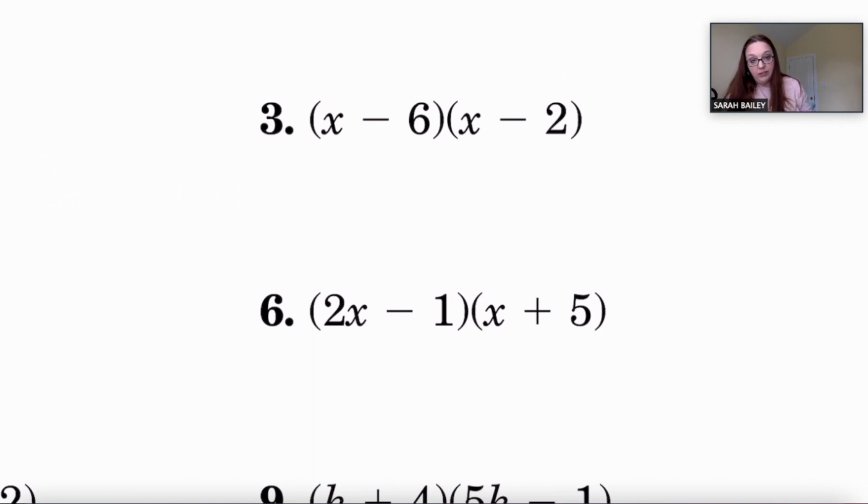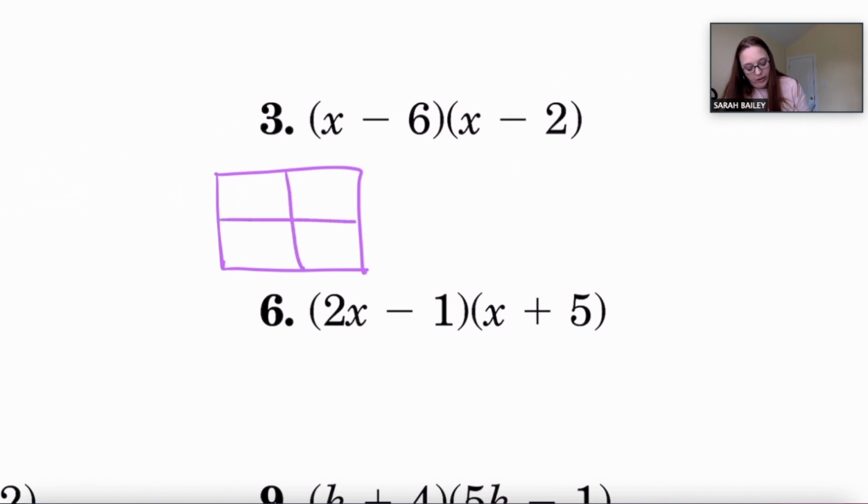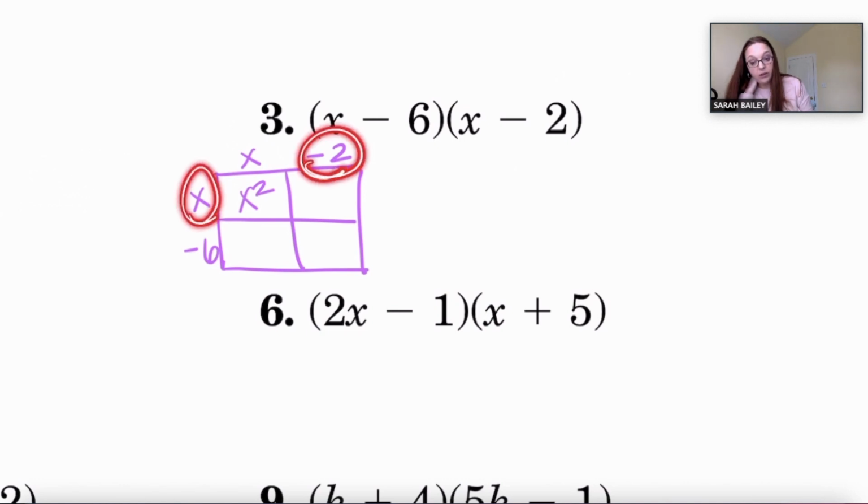Let's do another one. So I'm going to do x minus 6 times x minus 2. It doesn't matter if I put the x minus 6 on that side or right here. Just pick one. So I'm going to do x minus 6 there, and this one will be the x minus 2. Now x times x gives me x squared. x times negative 2 is negative 2x.